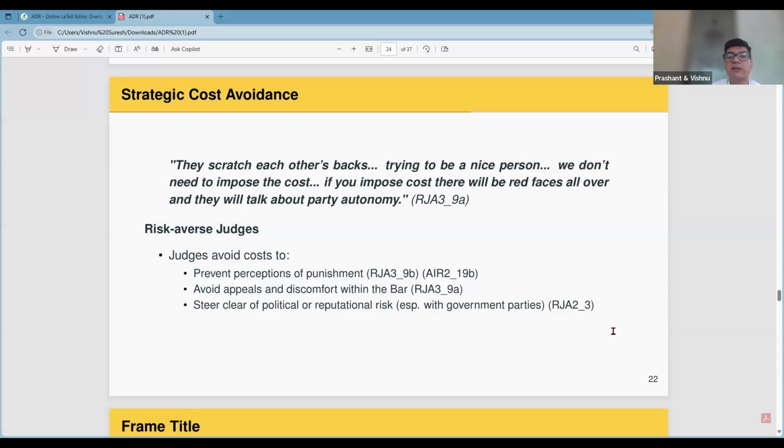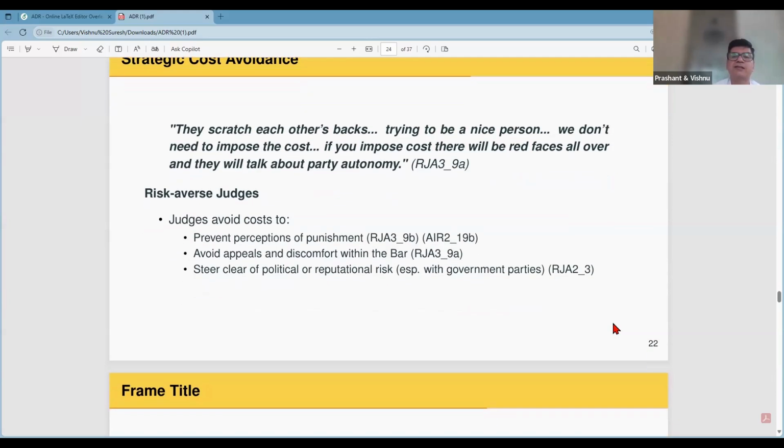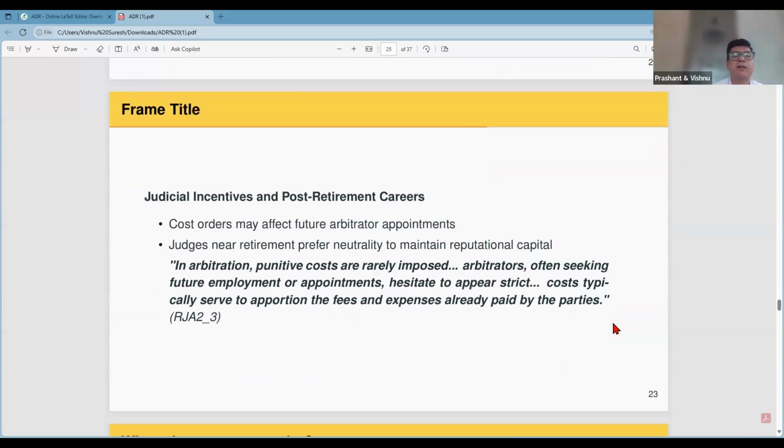If you impose cost, there'll be red faces all over, and they'll talk about party autonomy. So judges are risk averse. They want to avoid cost to prevent perceptions of punishment. They don't want friction with the bar. They want to steer clear of political or reputational risks, especially if the disputes involve government parties, and actually half of these cases involve government parties.